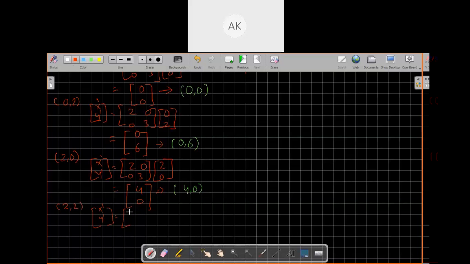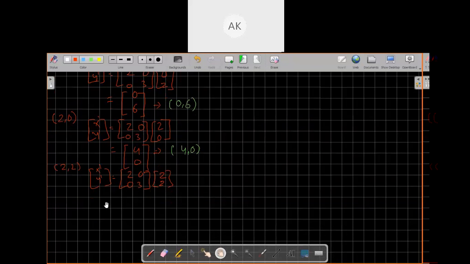Let's calculate for the next coordinate, which is 2 0. x dash y dash equals 2 0 0 3 into 2 0. 2 into 2 is 4 plus 0 into 0, so 4; 0 into 2 plus 3 into 0 is 0. So the scaled point is 4 0.